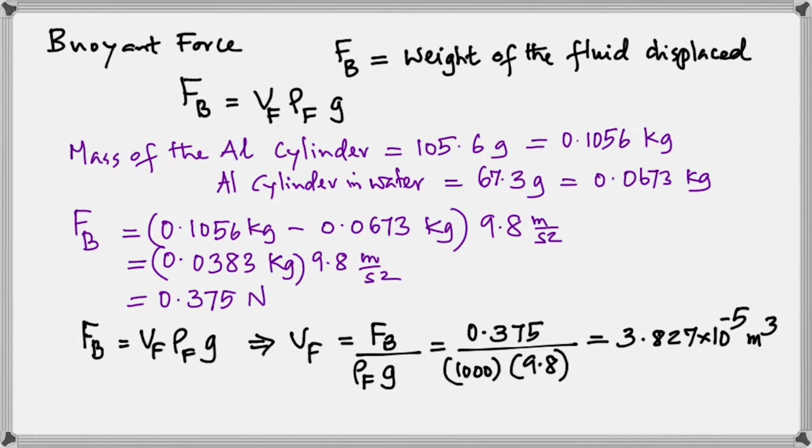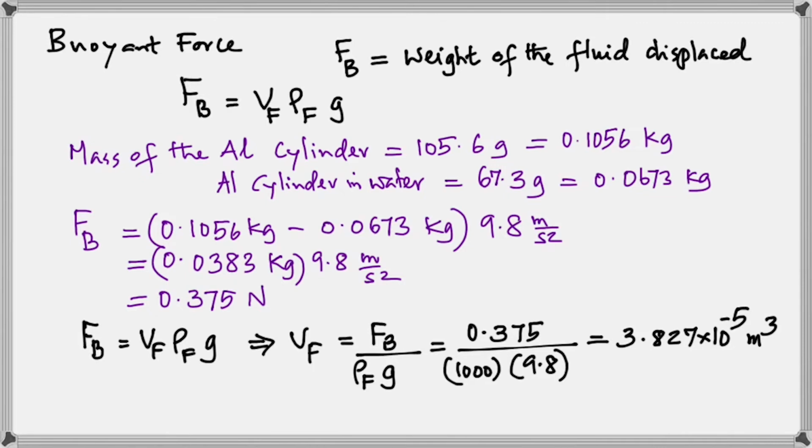So I want to ask you one more last question based on this. Now, in yesterday's lab, didn't you have the whole cylinder underwater? So could we say that the volume of water displaced is exactly equal to the volume of the cylinder? So instead of asking you to find the volume of fluid displaced, I could have gone directly to what's the volume of the aluminum cylinder?